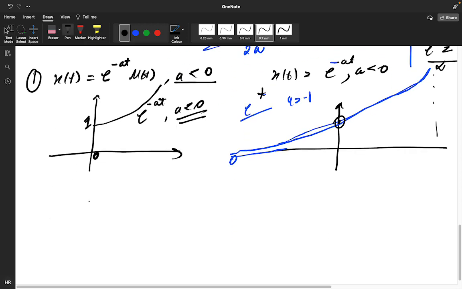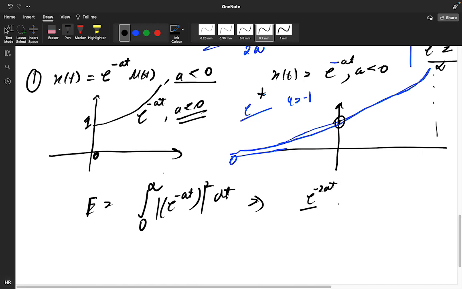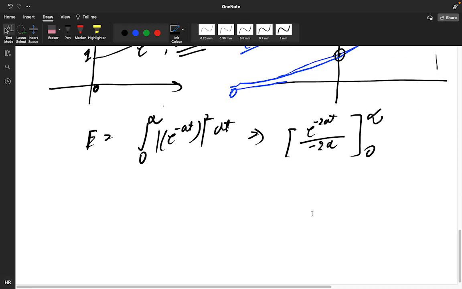Now if you put it in the energy formula, from minus infinity to 0 it's 0. From 0 to infinity, you get the integral of x of t, that is e power minus at, the whole square, into dt. So what value will you get? e power minus 2at divided by minus 2a, from 0 to infinity.